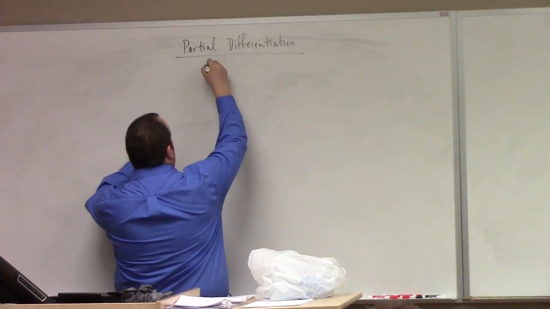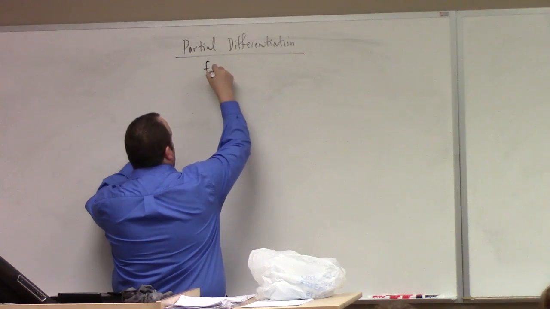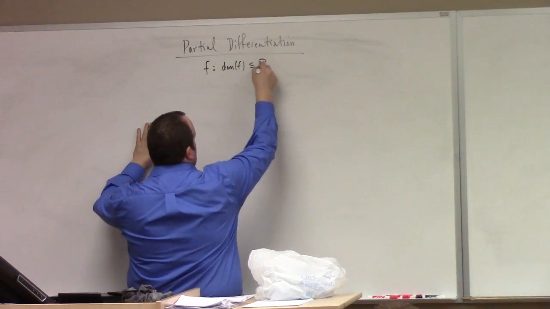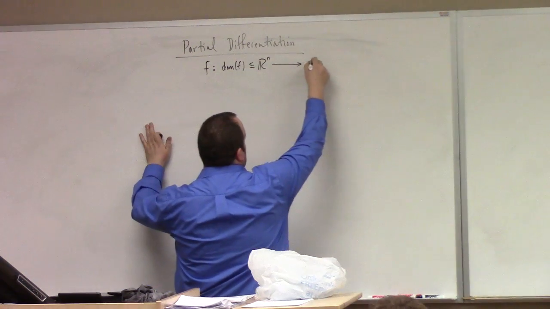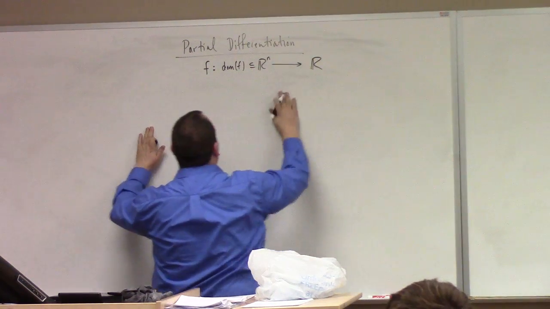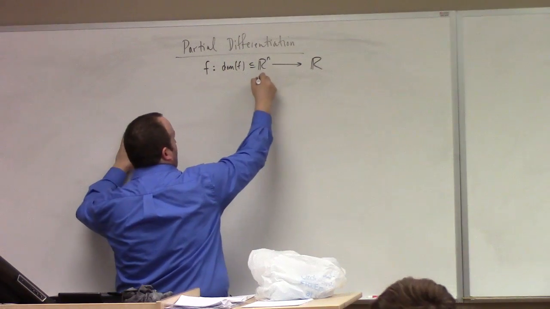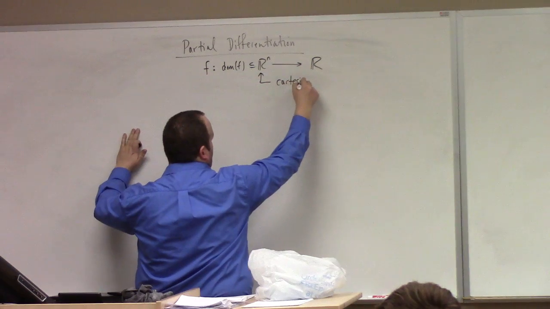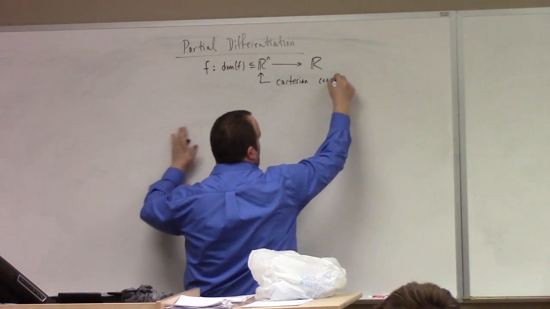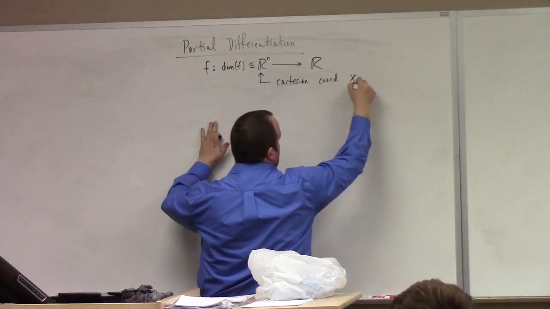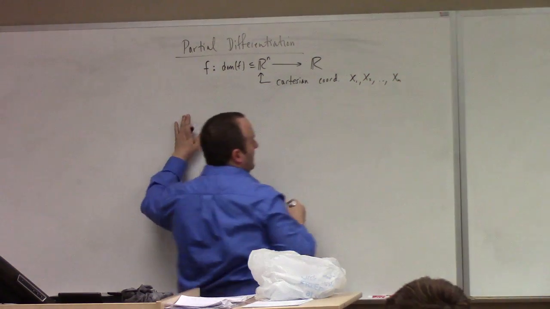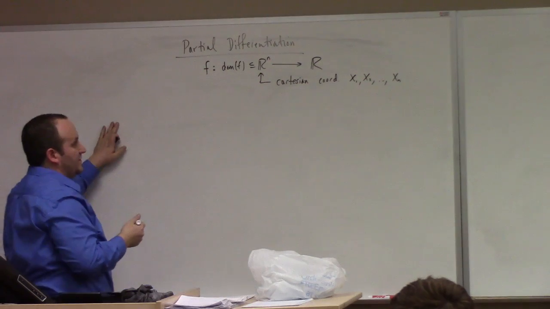So if I have a function from some subset of R^n, and let's suppose it's a real valued function, this guy has Cartesian coordinates x1, x2, ..., xn, for example. Typical choice.